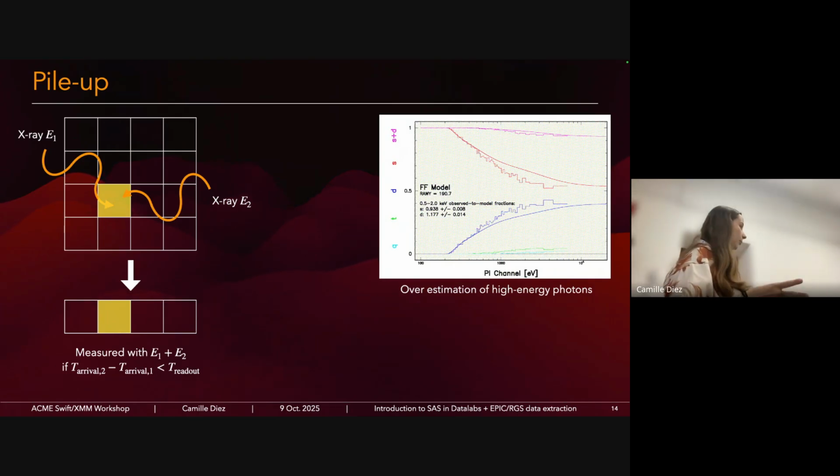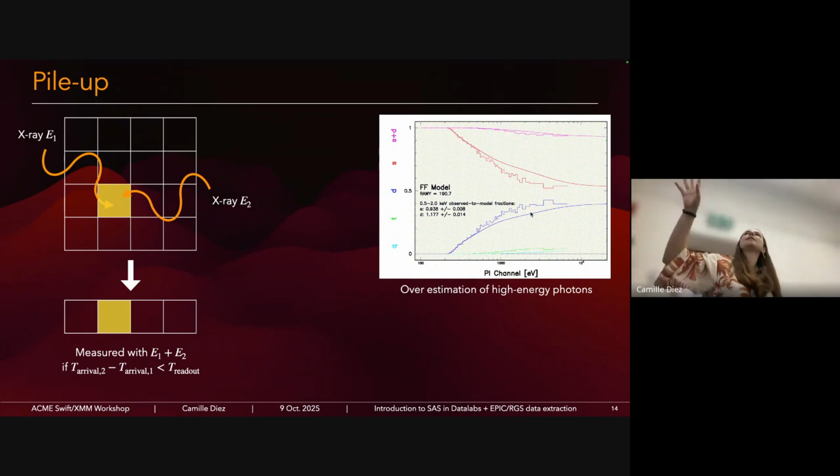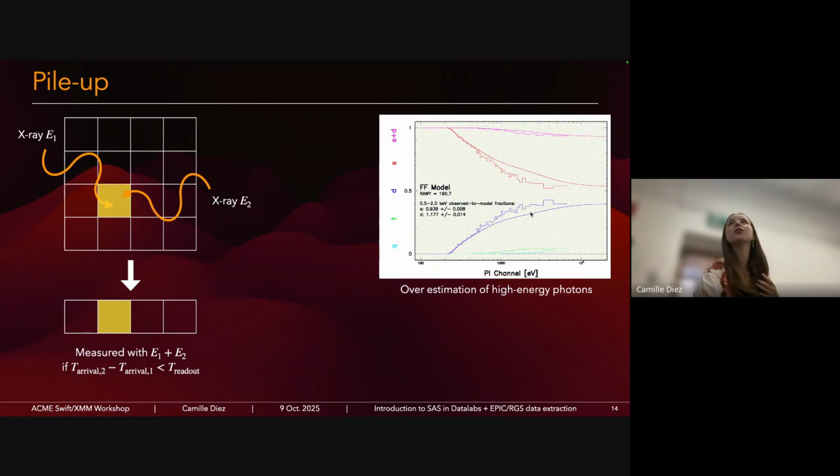You type this command and it will show you this pattern here on the right. S is for single events, D is for double events, etc. Here it shows you the fraction of these events.